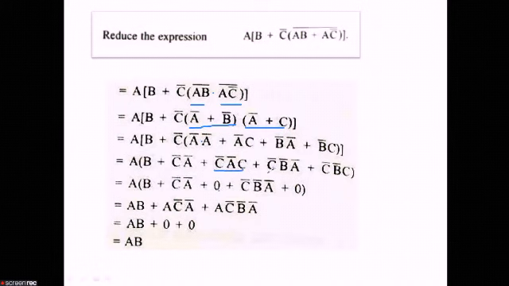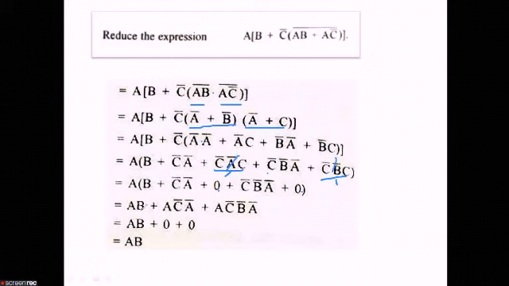0 plus C bar A, B bar A bar, this one, plus again this is C bar into C, which is again 0. This one is 0, this one is also 0. Ultimately we are simplifying again. These two terms are cancelled.